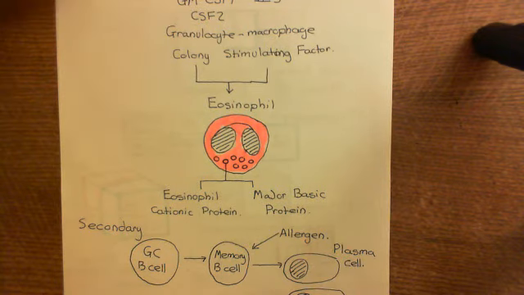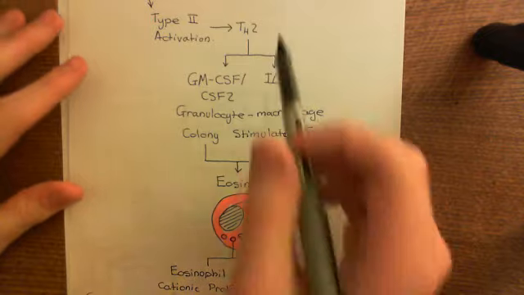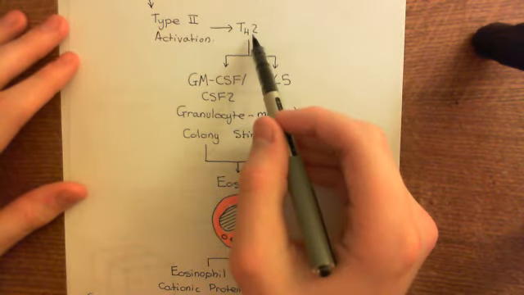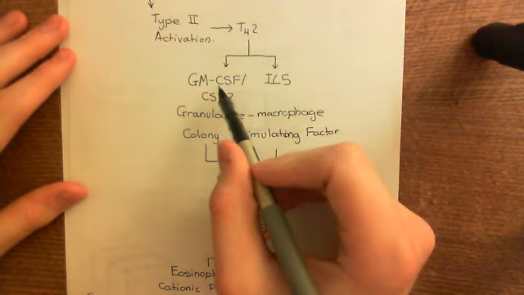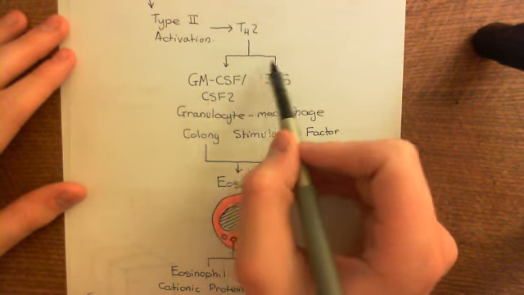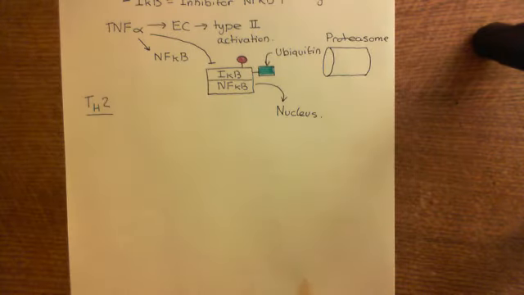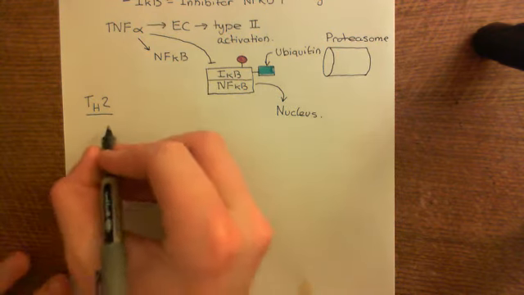Okay, now, these inhaled glucocorticoids are going to go into these T helper 2 cells, and they will stop the production of granulocyte macrophage colony stimulating factor and also interleukin-5, and hence stop the recruitment of eosinophils and also the activation of eosinophils, and therefore also hopefully prevent the damage to the epithelium.